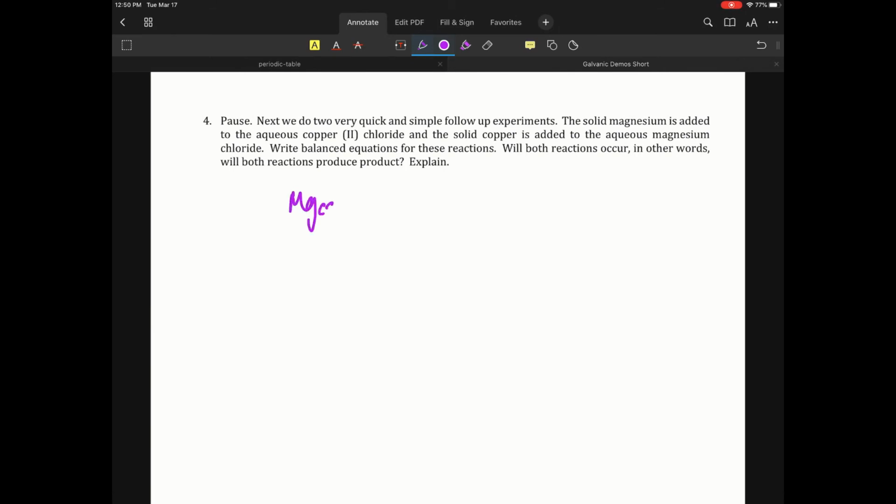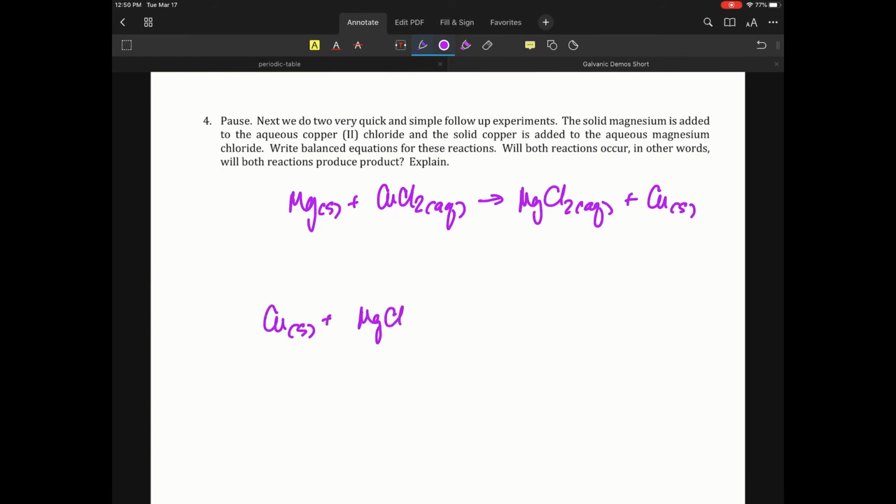We have solid magnesium added to our aqueous copper(II) chloride, and obviously this is a single displacement to produce this and some Cu solid. Alternatively, we are also taking our solid copper and adding that to our aqueous magnesium chloride to produce CuCl2 and magnesium metal.